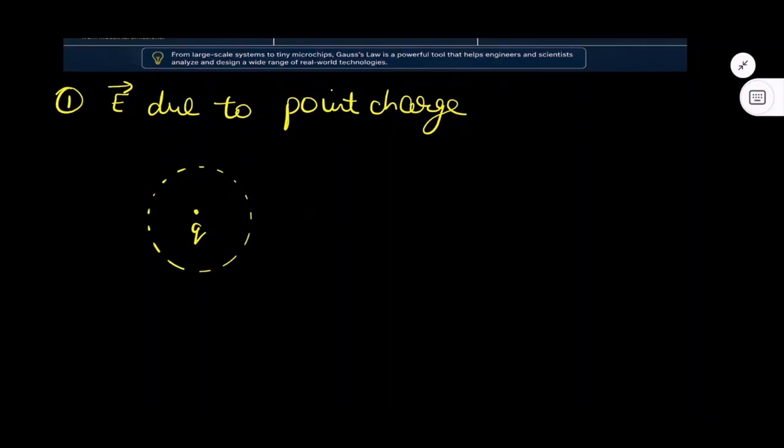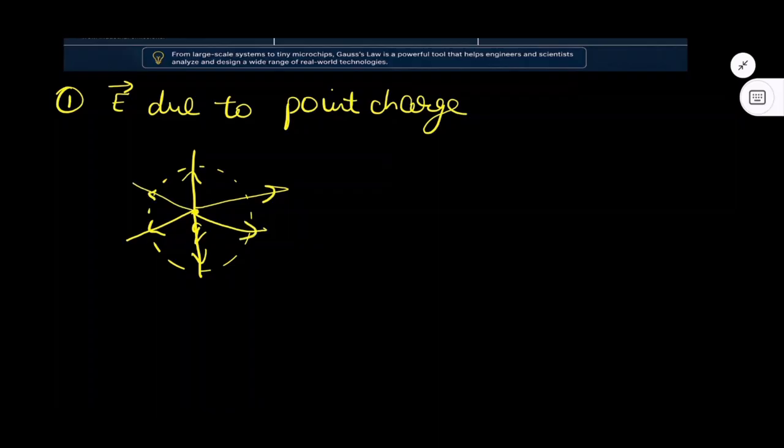Now for the point charge, electric field lines are radially outward, so we'll draw them in this way in all the directions. We have the Gaussian surface, a sphere of radius r.